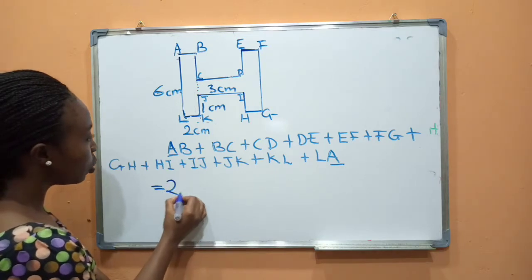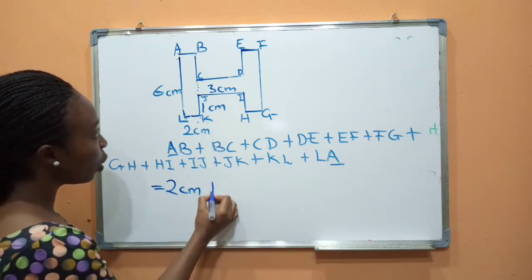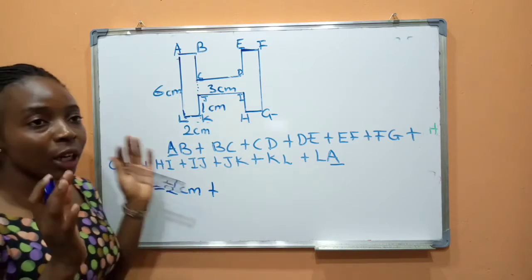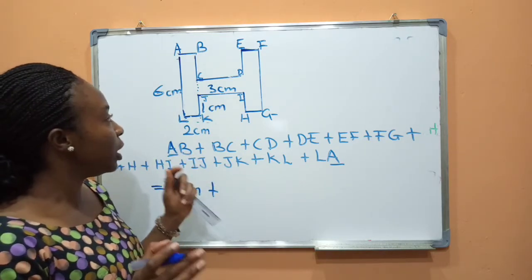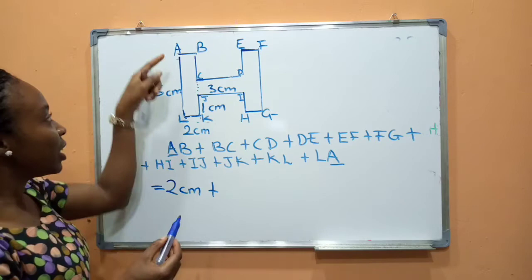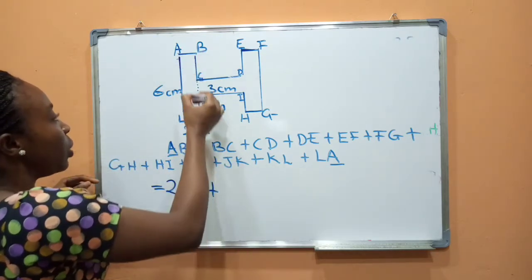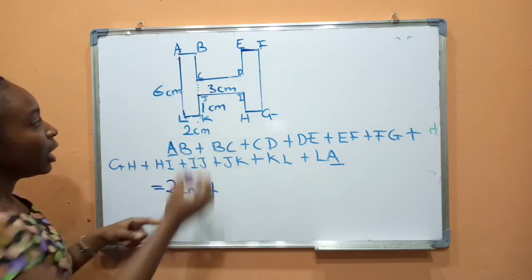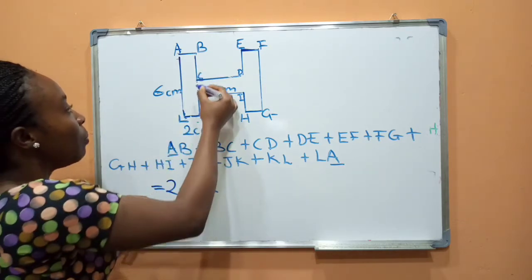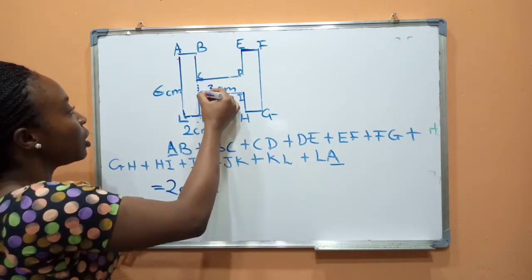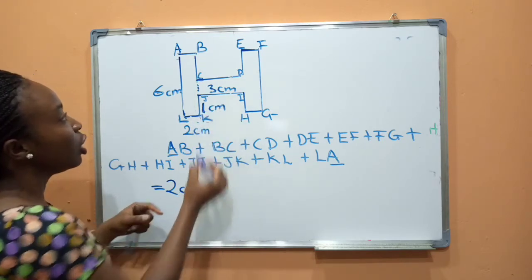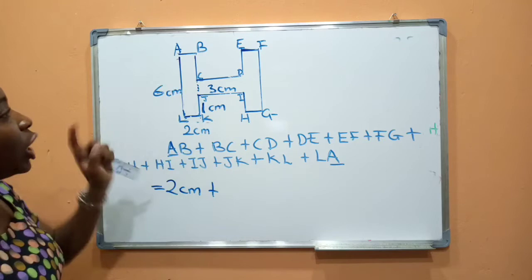So we write 2 centimeter plus what is BC. Now in the entire question, we are not given what BC is, but we are given the entire length A to L. This A to L represents the entire length, and then we are given this place. We know here is 3 centimeter, and we know here is 1 centimeter. So for us to get BC, here's what we are going to do.